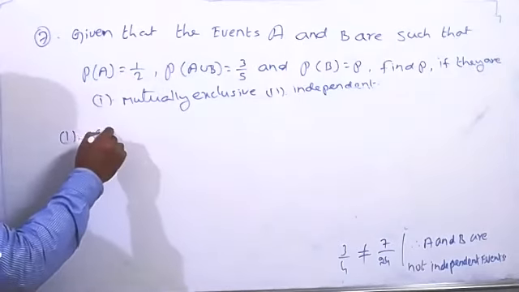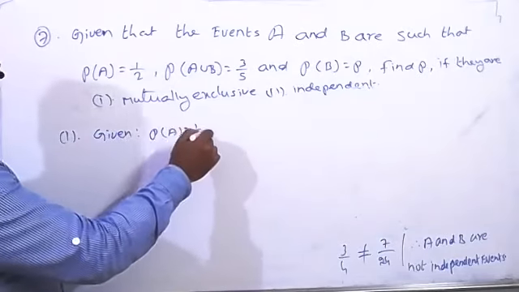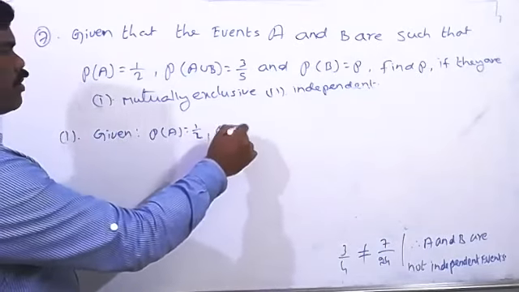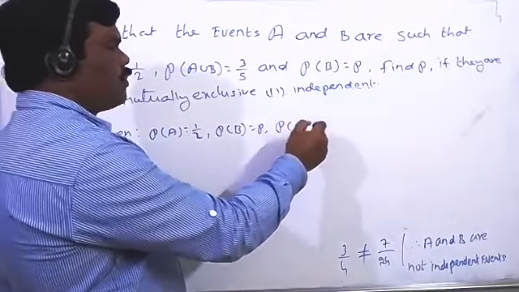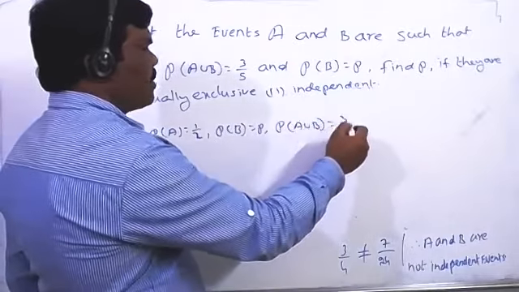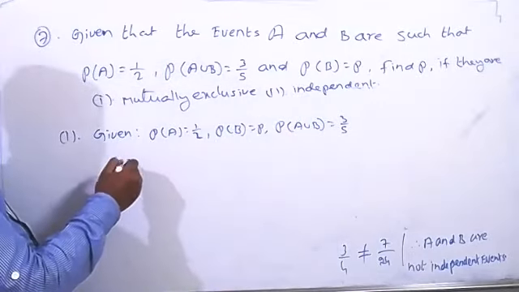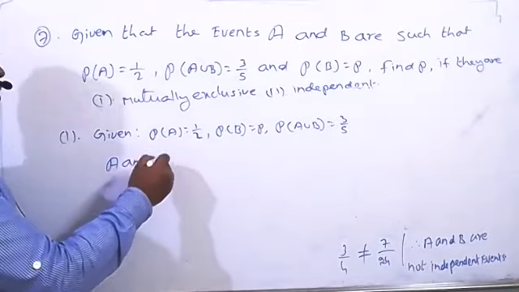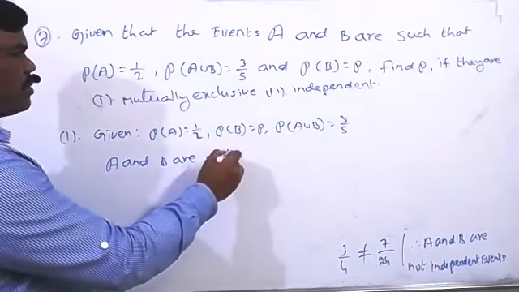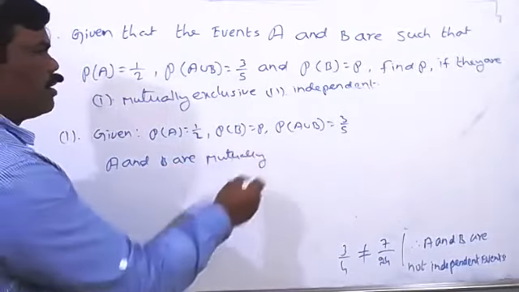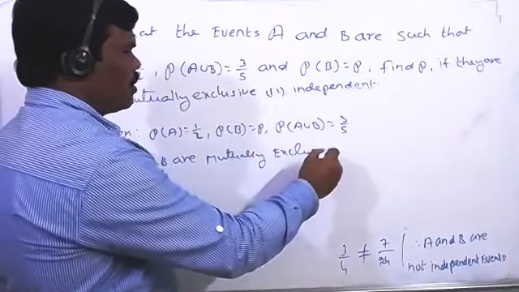So first you can write what is given clearly. Probability of A equal to 1 by 2, probability of B equal to P, and probability of A union B equal to 3 by 5 is given. And in the first one, A and B are mutually exclusive events.